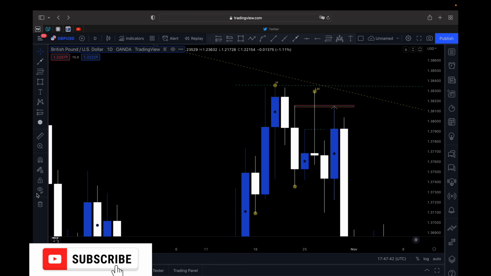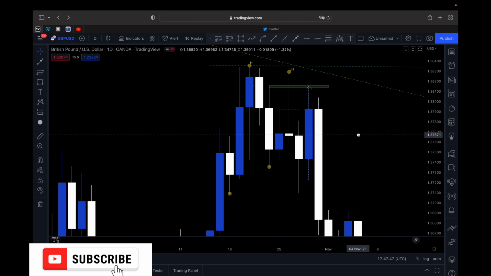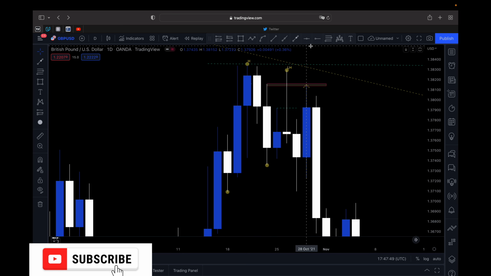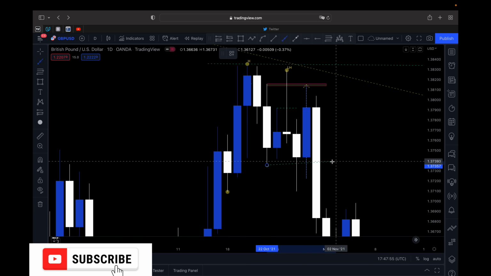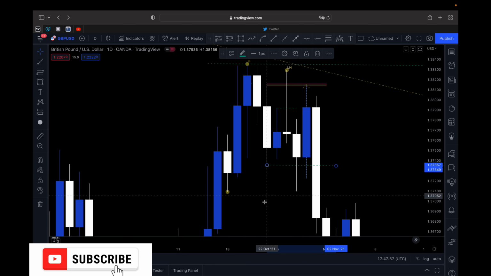This is the high. And when price created the lower high, price broke out of this previous low, confirming the bearish trend here.